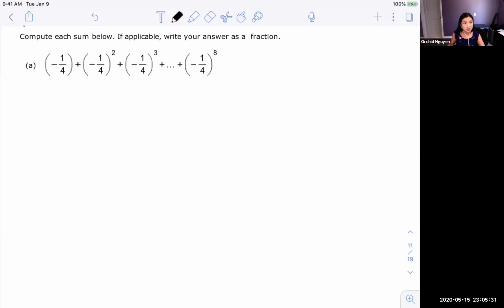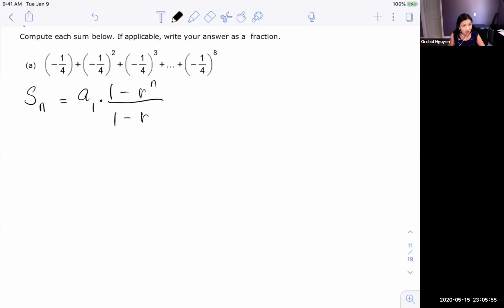It's going to be Sn equals A1 times (1 minus r to the n power) divided by (1 minus r). As you can see, we just need to know n, A1, and r.